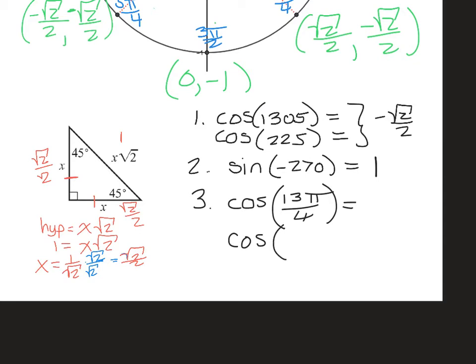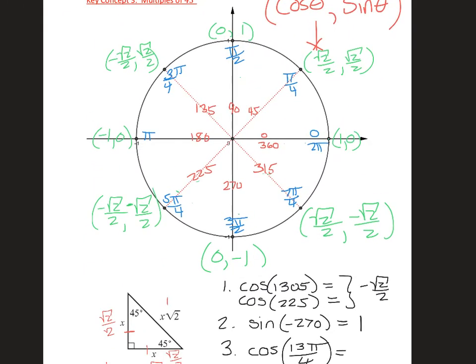So 4 goes into 13 3 times with a remainder of 1/4. So if we look up at the unit circle, this is the same thing as 3 and 1/4 pi. We go in our standard position, around once in the circle.